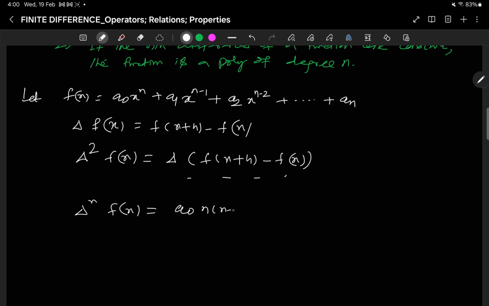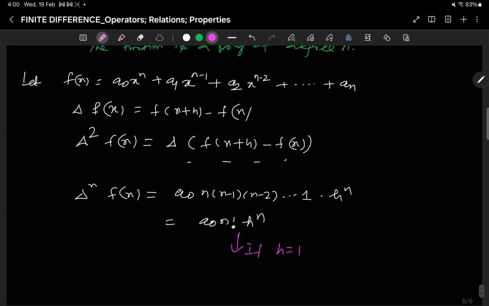a0 n into n minus 1 into n minus 2 up to 1 into h to the power n. So this will be a0 factorial n h to the power n. If here h is equal to 1, then it will be a0 factorial n, right?